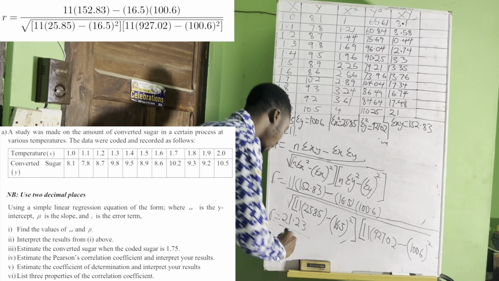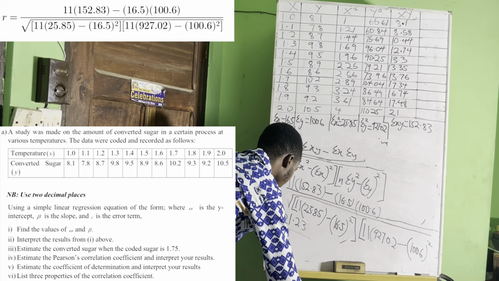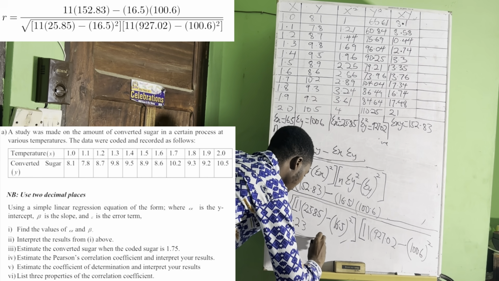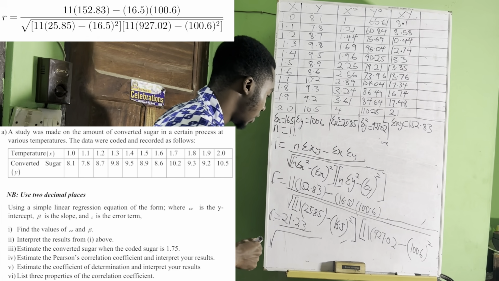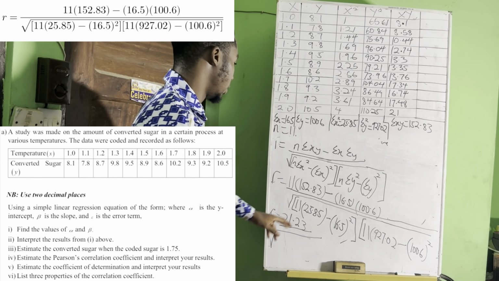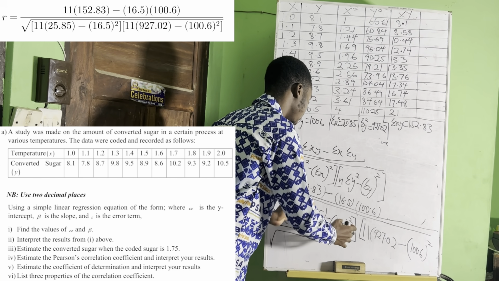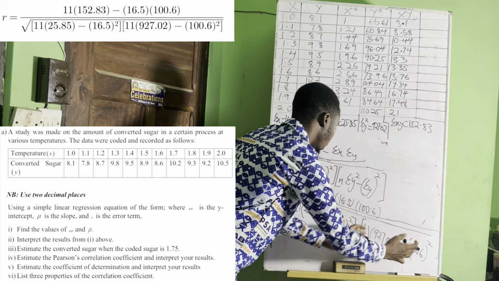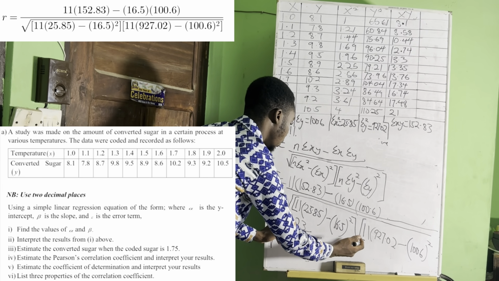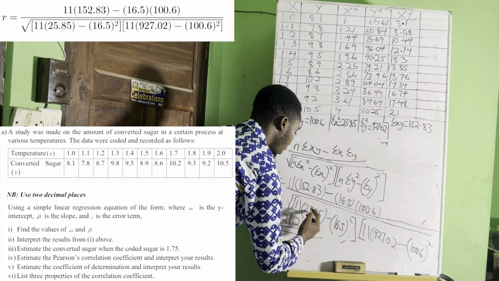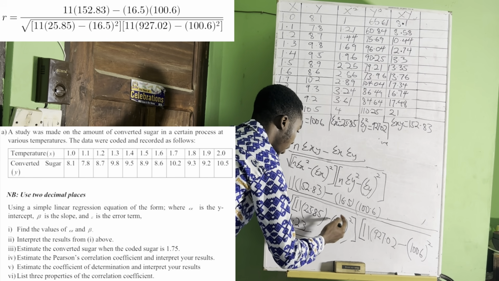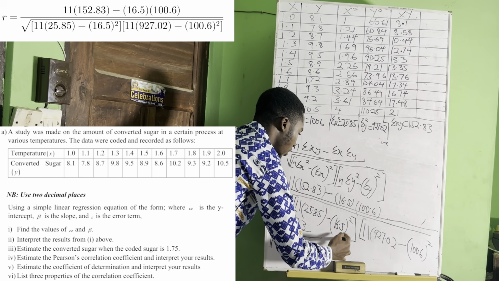Then for the down, you have square roots. So you have two big brackets. So this one and this one. So let's do the first one. From here to here, you have 11 into bracket 25.85 close bracket minus into bracket 16.5 close bracket square.